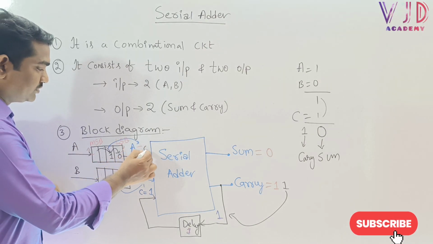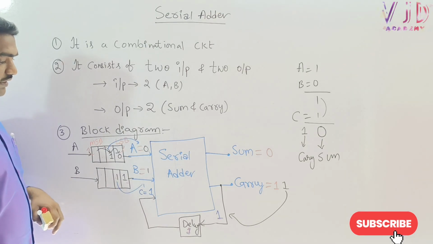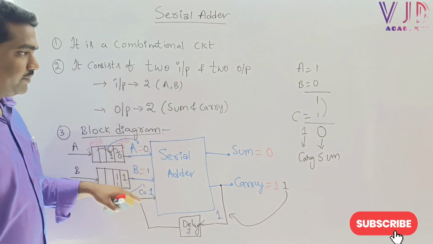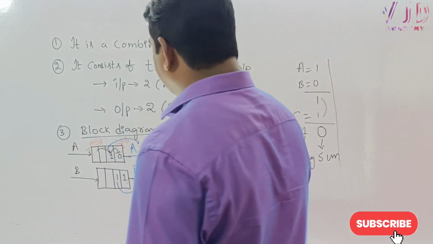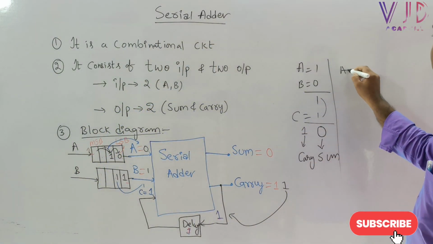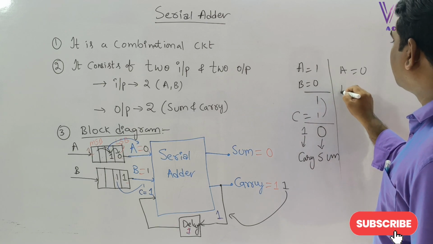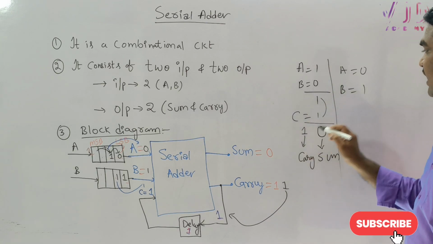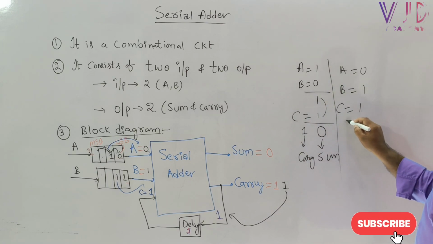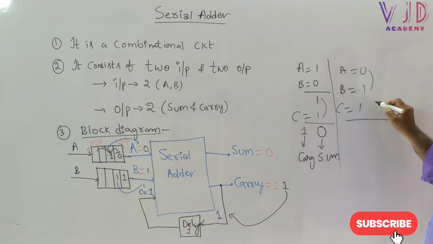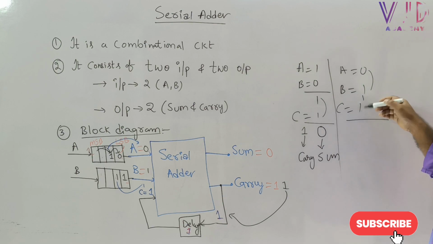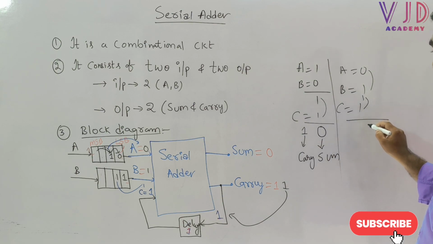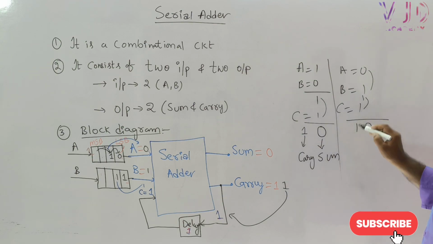Now here A equal to 0, B equal to 1, and again the addition operation is performed. Here if you see the second addition operation, A equal to 0 and B equal to 1, and again C equal to 1. Here what is the addition? 0 plus 1 is 1, and there is no carry. Now 1 plus 1 is 0 and 1 is carry.